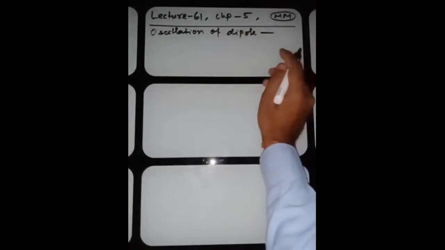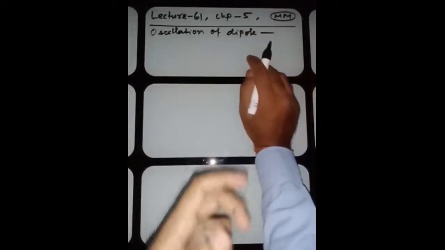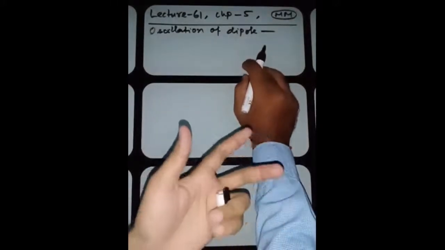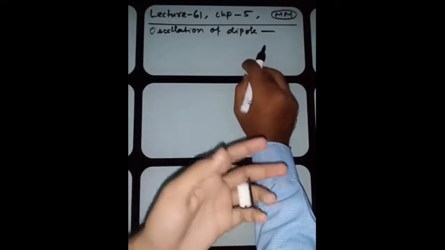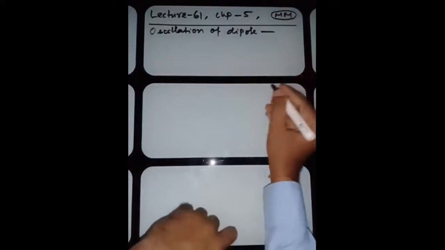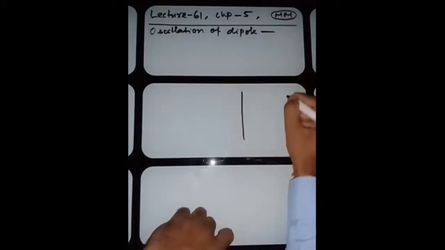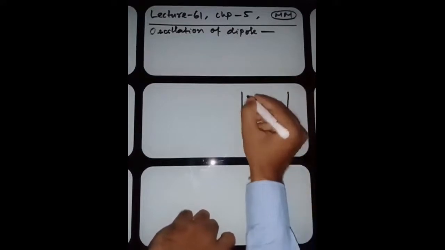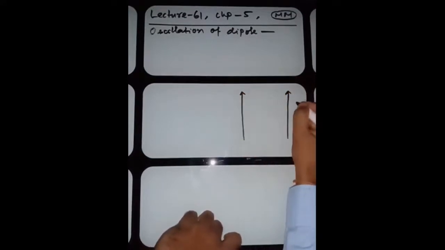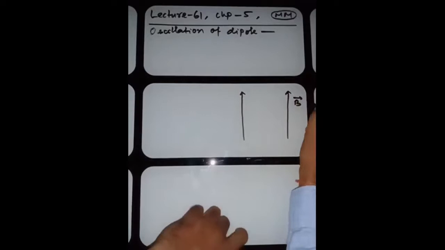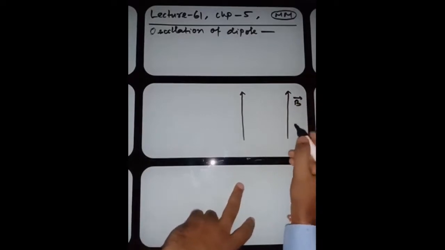You can say the nature or behavior of a dipole placed in a uniform magnetic field. This is a uniform magnetic field, my dear student. Suppose the magnitude is B.